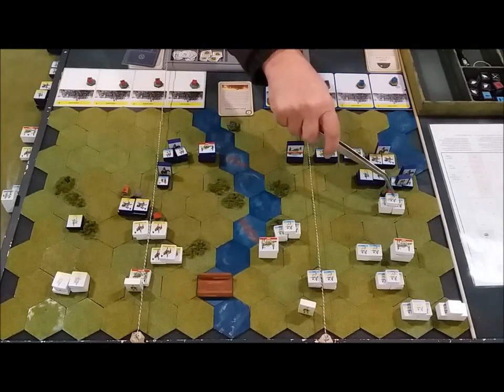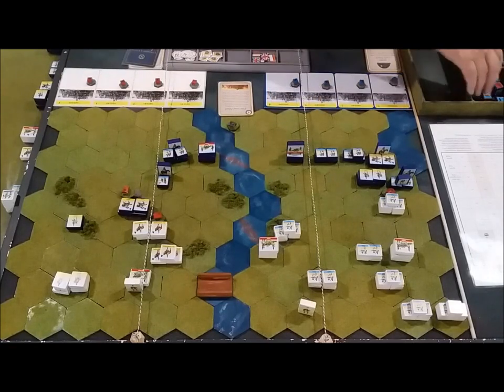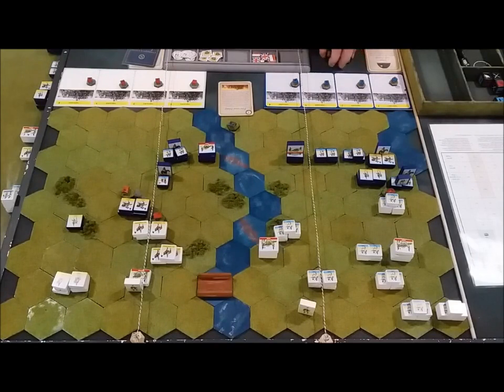We have this line unit now into this line unit here, and again that's 3 plus 1 for being French line, plus 1 for the fire and hold is 5, minus 2 into the town is 3 die, and we get absolutely nothing. Wow.